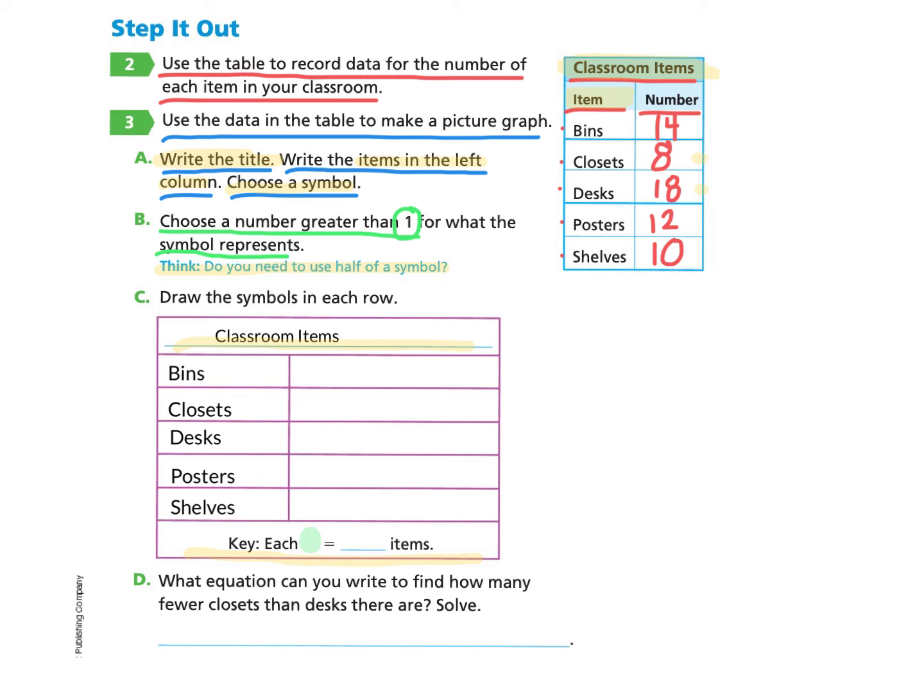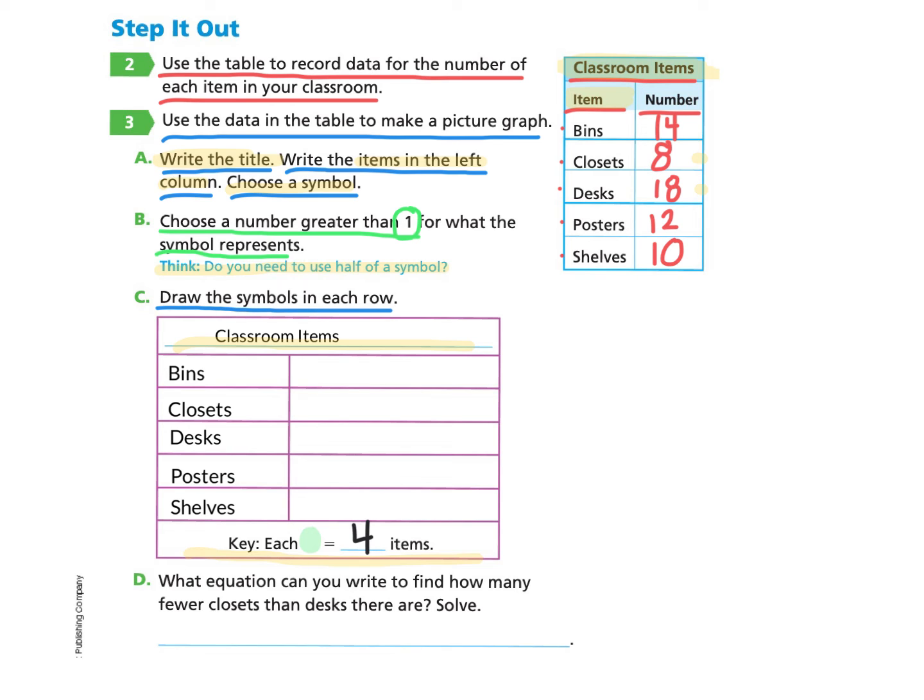So I'm noticing that I'm probably going to use the same number that I used in my last one, which was 4. So I'm going to go ahead and write that in the key here, that one green circle is going to equal 4 items. And part C asks us now to draw the symbols in each row.